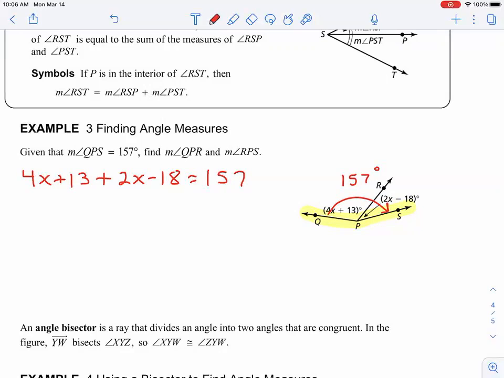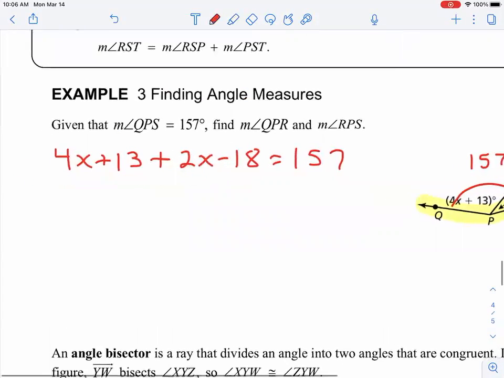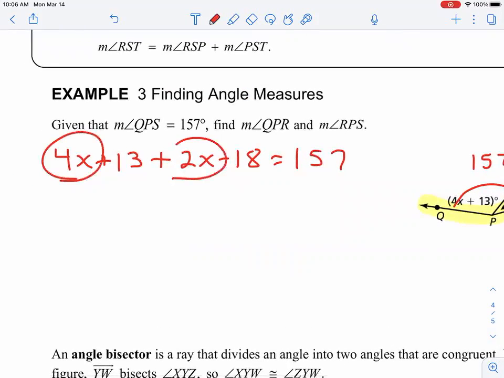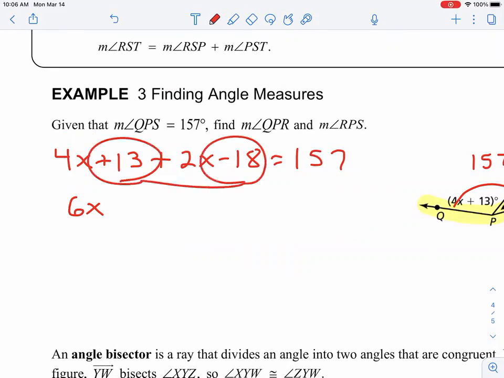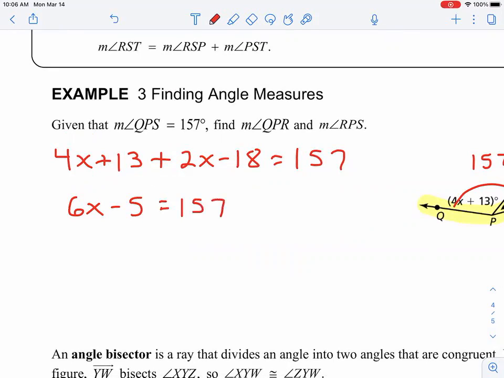So let's go back to the glory days of our algebra. Combining our like terms, I've got 4x plus 2x is 6x. 13 minus 18 will be -5. So 6x minus 5 equals 157. Remember, we're trying to solve for x, right? So now we want to move the 5 over by adding 5 to both sides.